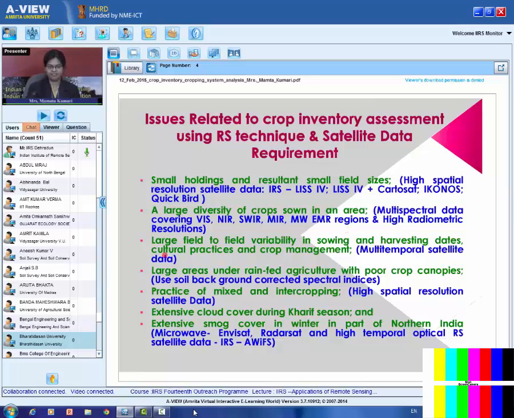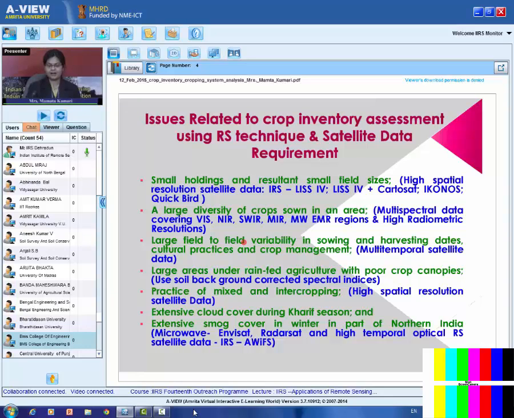Then there is large field-to-field variability in sowing and harvesting dates. There is difference in management practices as well as cultural practices. So to resolve this, multi-temporal satellite data should be used. For example, there are so many areas in which wheat and mustard grow simultaneously. Because these two crops grown simultaneously give a similar spectral signature if we are using single satellite data.